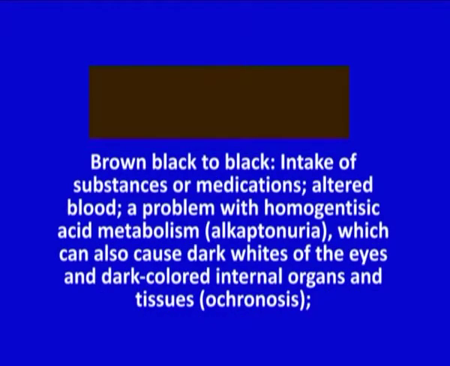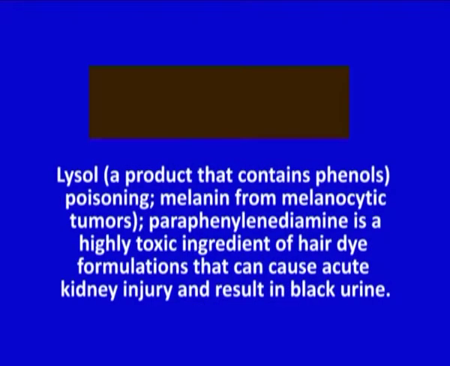Brown black to black: intake of substances or medications, altered blood, a problem with homogentisic acid metabolism, that is alkaptonuria, which can also cause dark whites of the eyes and dark colored internal organs and tissues, ochronosis.